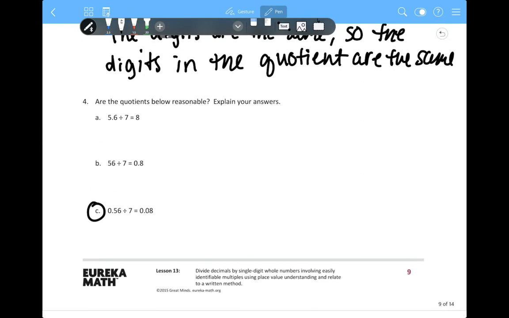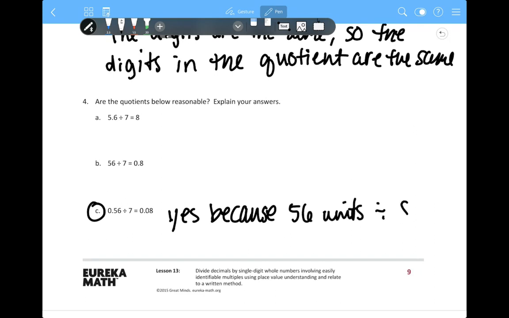Okay, and then the last one, are these quotients reasonable? Explain your answer. So this one, 56 hundredths divided by 7 equals 8 hundredths. So 56 divided by 7 is going to equal 8. So yes, because 56 units divided by 7 equals 8 units.